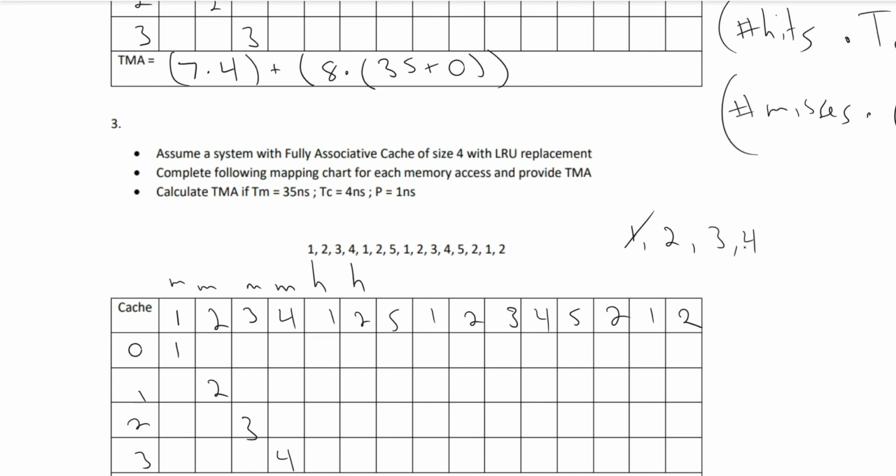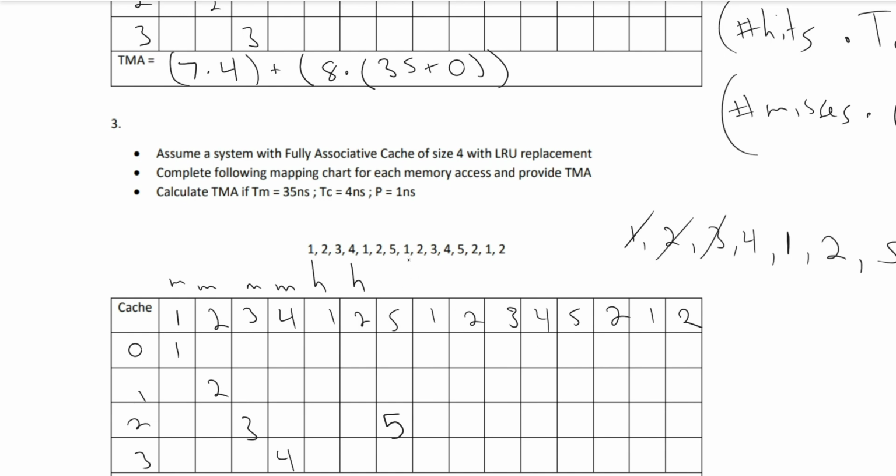So then we can cross this out and put it in the front here, and then same thing for 2 right after. So then we can move 2 to the front here, and now the least recently used is 3. So we replace this with a 5. Then we can put a 5 here and cross out 3.